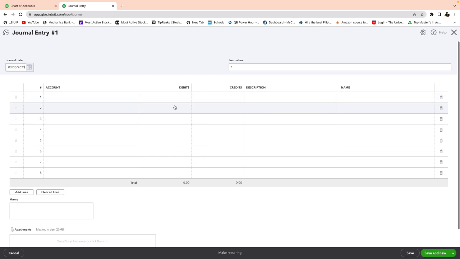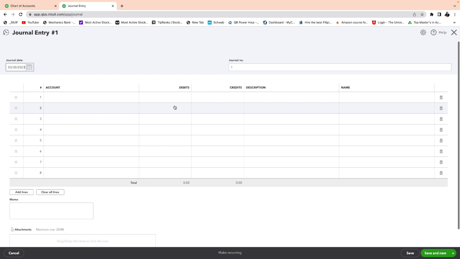So, for instance, when you purchase, let's say, an office desk under $2,500, so it's an expense. First of all, you debit the expense so you can record it, and then you credit whatever account you use to pay for that, so you're diminishing the money in your bank account.